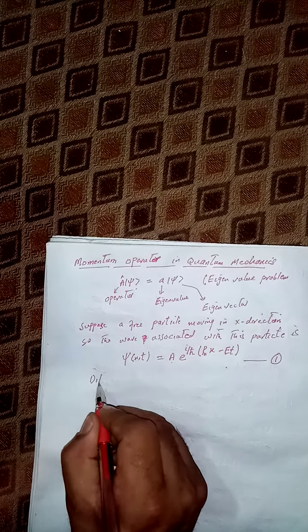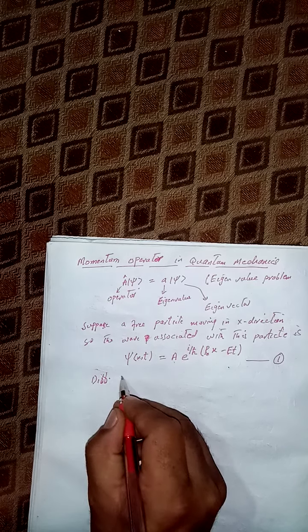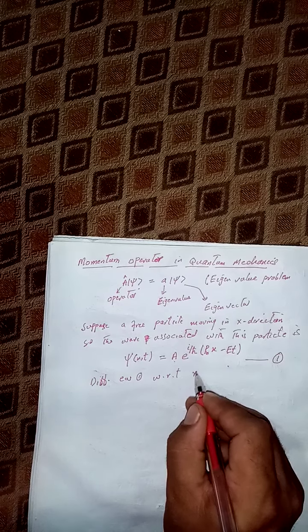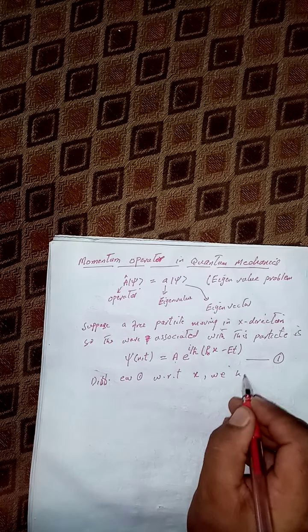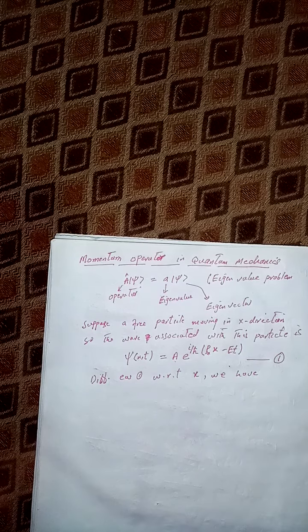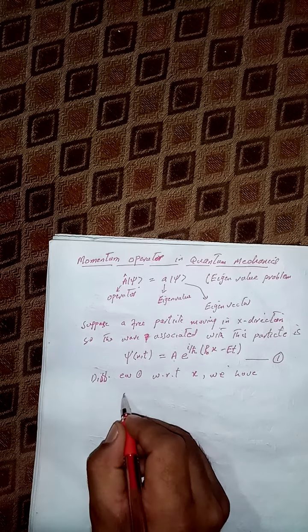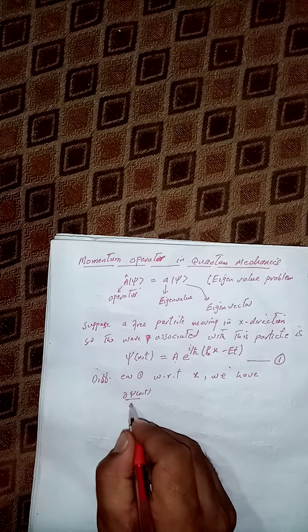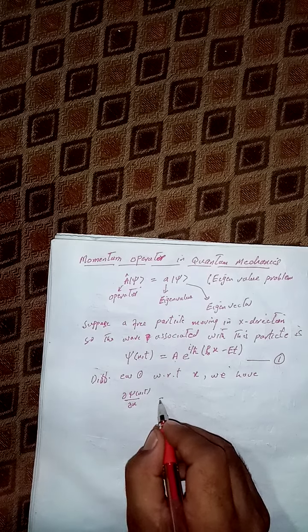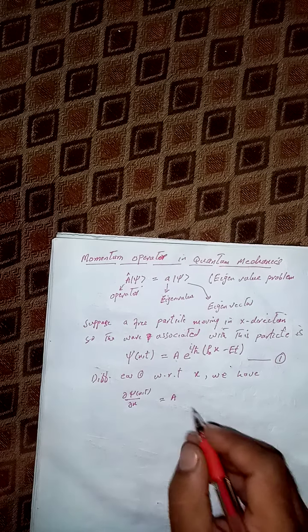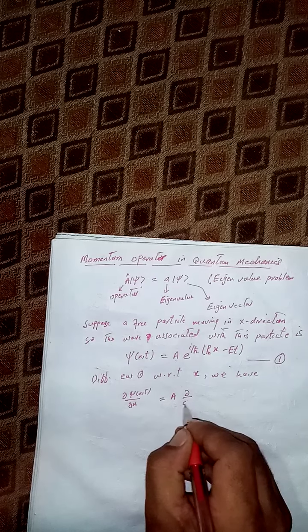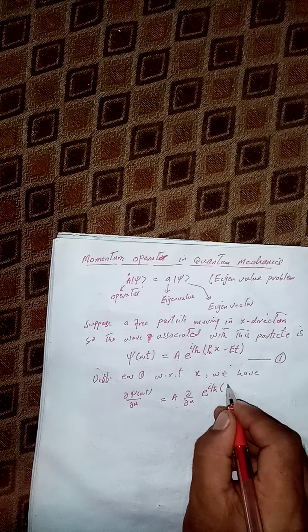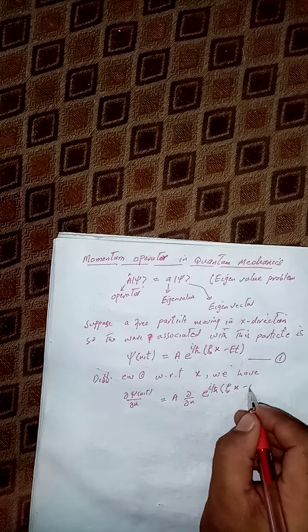Now differentiating equation 1 with respect to position x, we have: if we differentiate this wave function psi of x and t with respect to x, A is a constant, so we can keep it outside of the differential operator, and we have partial by partial x of e raised to power iota over h bar into p_x x minus Et.